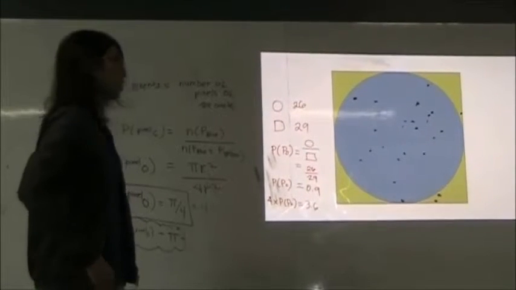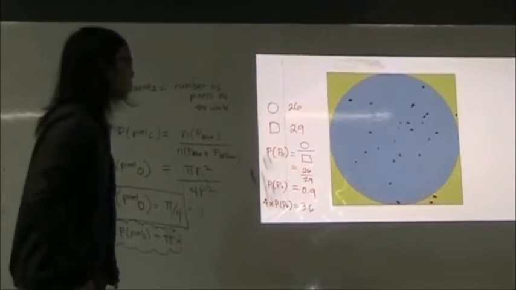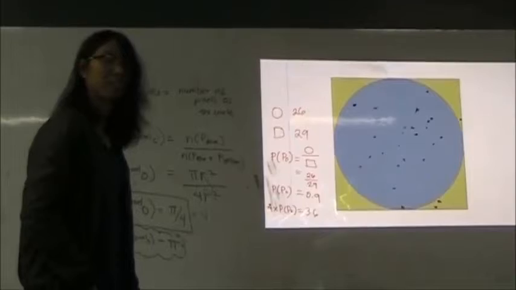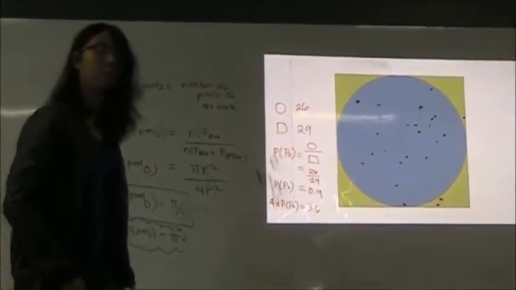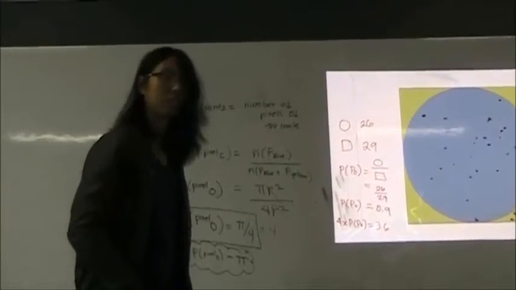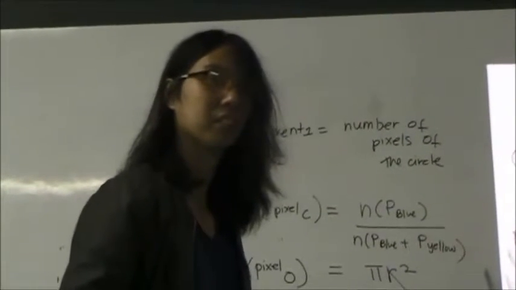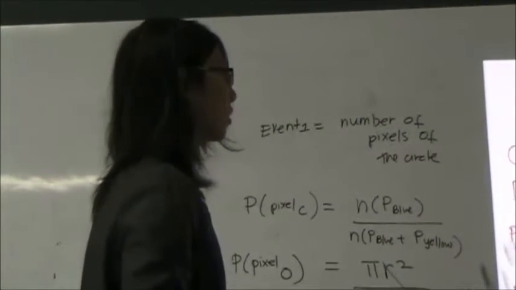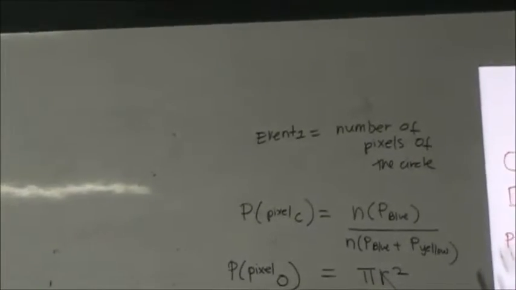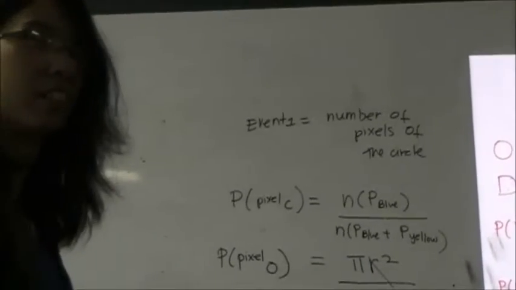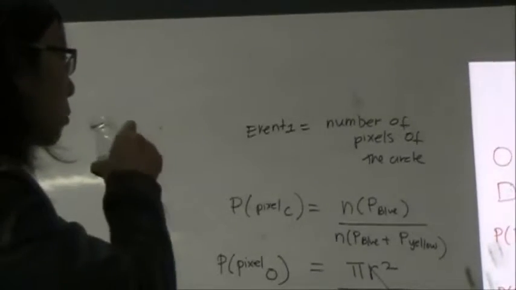So now, instead of doing it manually, we're going to try and use Excel to do random points, and we will see where it lands. Right? So here we go. How do we do that? That is a mathematical problem, and we will solve it and see what we can do about it.